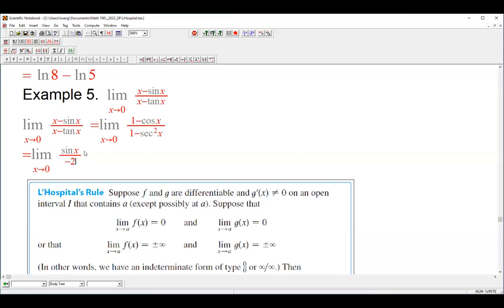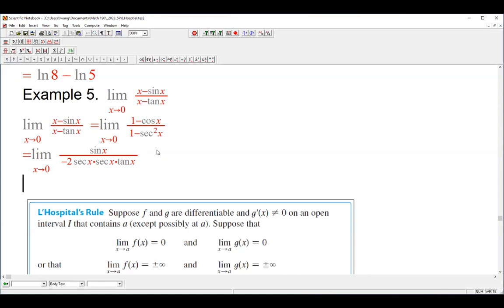So we're gonna have a -2 secant x, and then the derivative of secant square, that's going to be secant x multiply tangent x. I hope I'm right. I think I'm right.